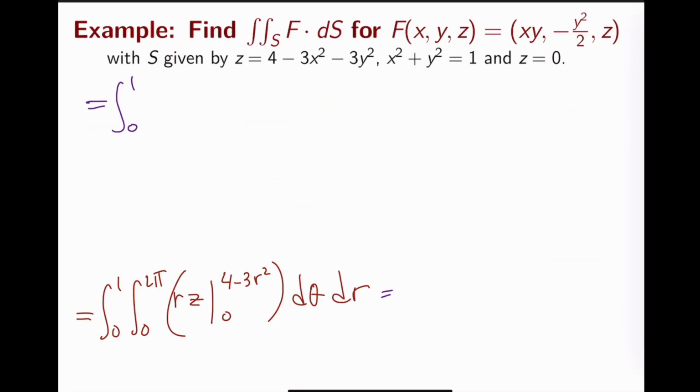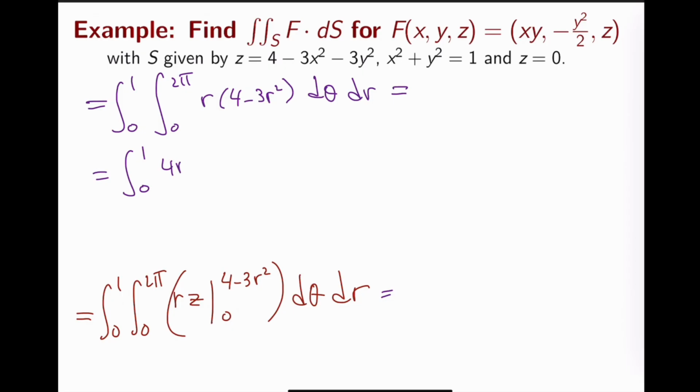We evaluate z at this value, so that will be r times 4 minus 3r squared. Now we need to integrate this with respect to the angle. Again, this is a constant, it goes out, so it's the same case as before. Let me just multiply this: 4r minus 3r cubed goes out, it is a constant, times the angle evaluated between 0 and 2 pi.